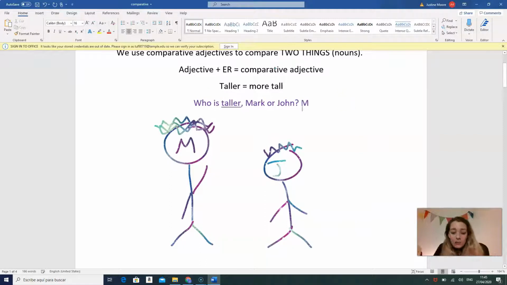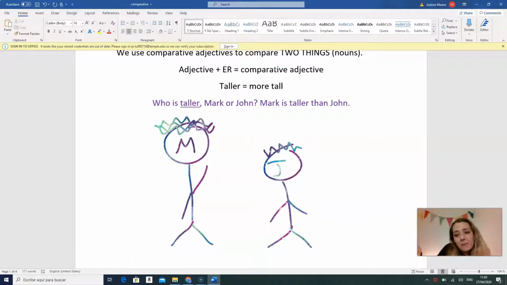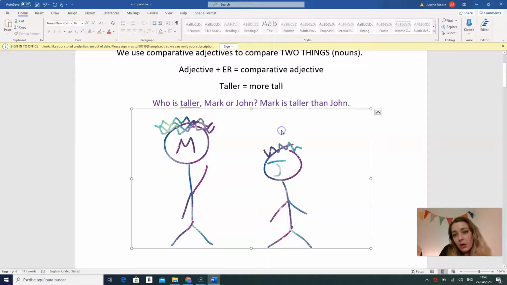Mark. Mark is taller. So you can either say Mark is taller, period, or Mark is taller than John. It sounds better to have the full sentence. Mark is taller than John. Is that okay?